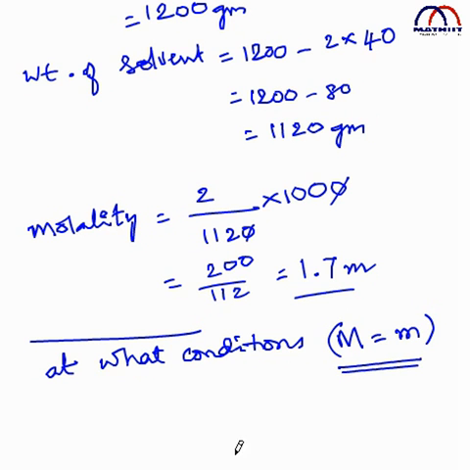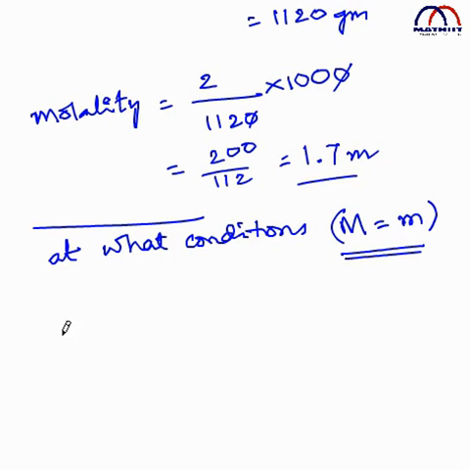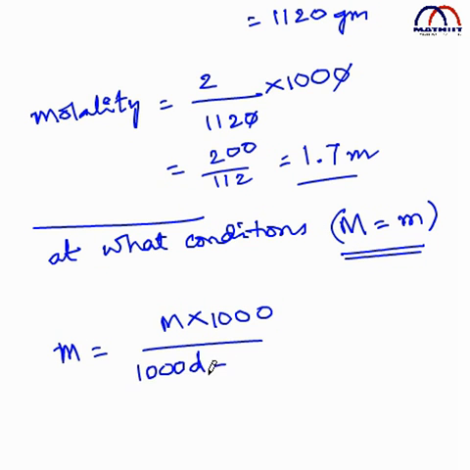Now if you look at the relationship between these, molarity is equal to m into 1000 divided by (1000 d minus the gram molecular weight into m). We have seen this relationship there.